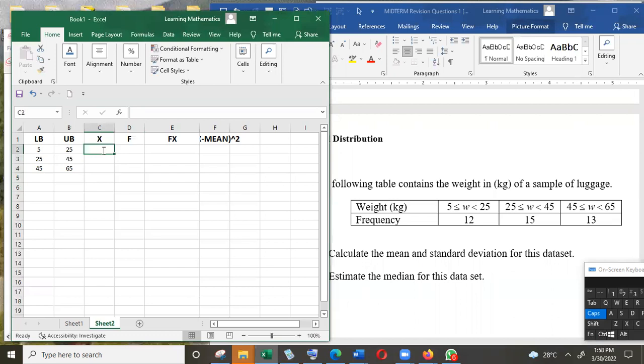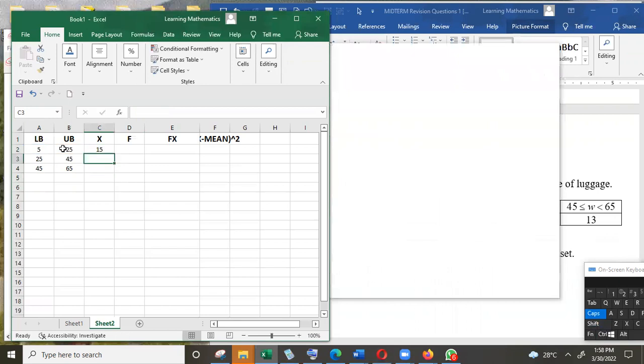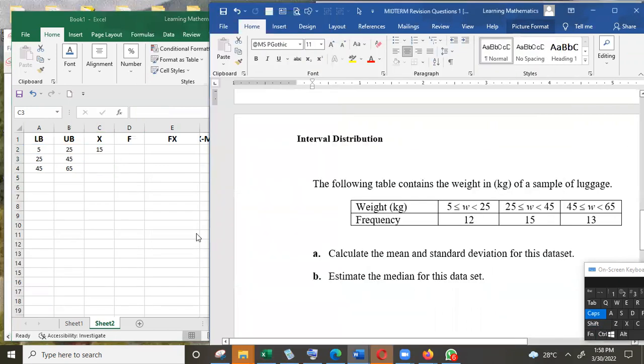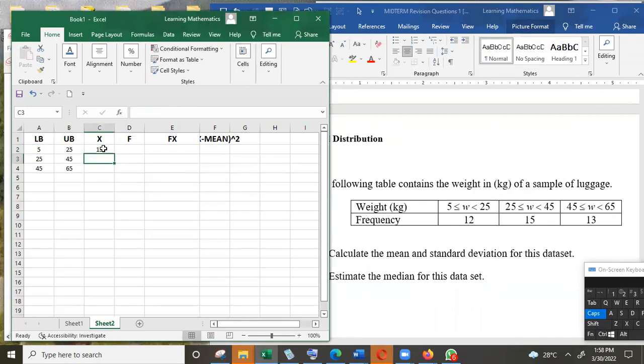The midpoint is equal to the lower boundary plus the upper boundary, open close bracket, divided by 2. Half of, between the lower boundary and the upper boundary. And we can just go there and double click, and these are our x's. And our f's are 12, 15, and 13.